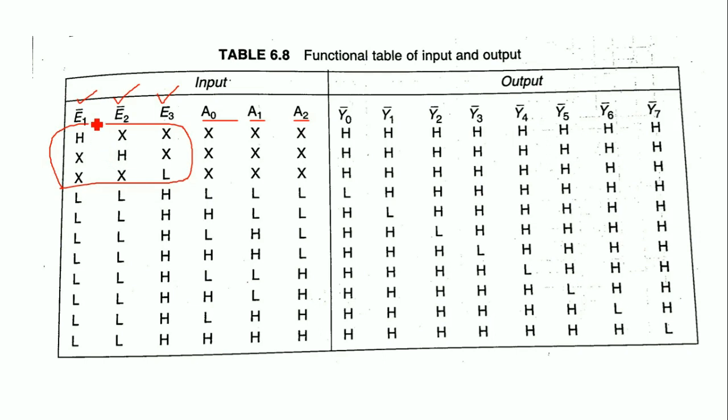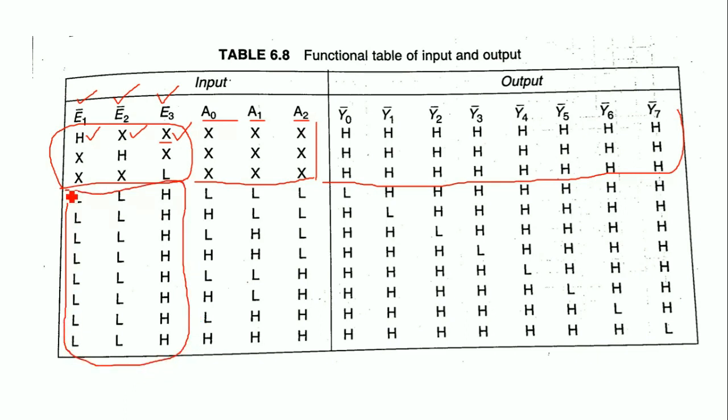For example, here E1 bar should be logic 0 but here it is high, and E2 bar is logic 0, it is in the correct state, and E3 should be in logic 1 state, but here it is in logic 0 state. So if any one of the enabling inputs is not in the correct state, then the 74LS138 will not be enabled. At that time the output lines are all tied to high state. And here if you see this part, the logic states of the enabling inputs are all in the correct state.